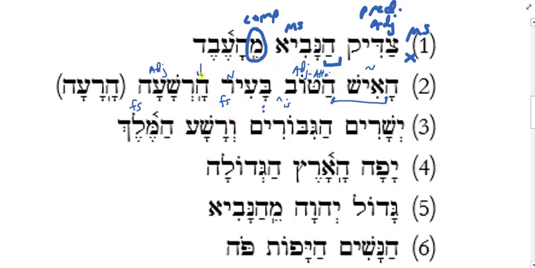Oh, but this has got the article and this one doesn't, does it? Oh, no, it does. That's right. That's why I pointed that out. There is an article hey swallowed up in here. So it agrees in gender, number, and definiteness, and this adjective is attributive. And it's telling you what kind of city they are in, the evil city. Okay? So the good man is in the evil city. There you go. All right.